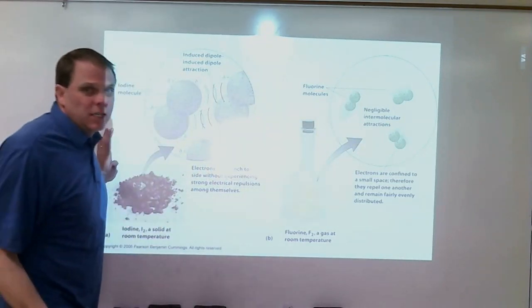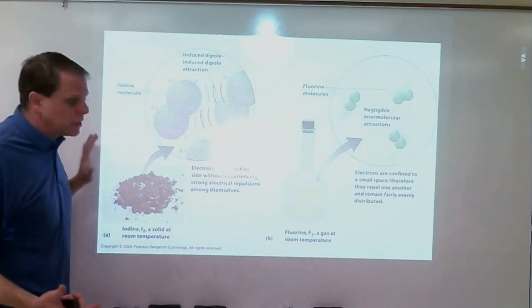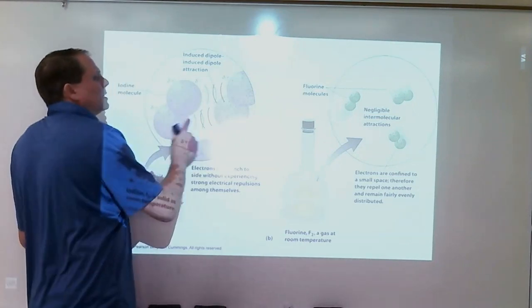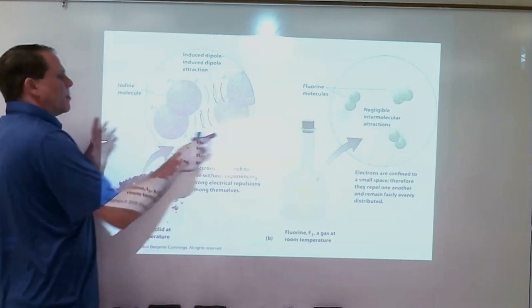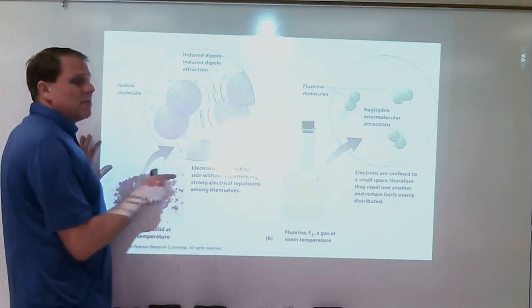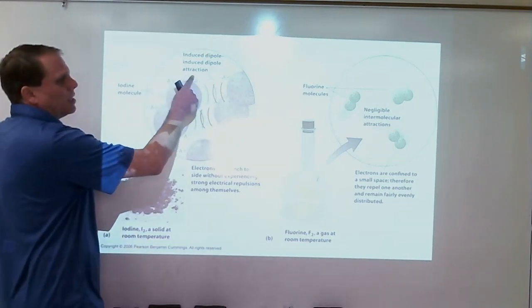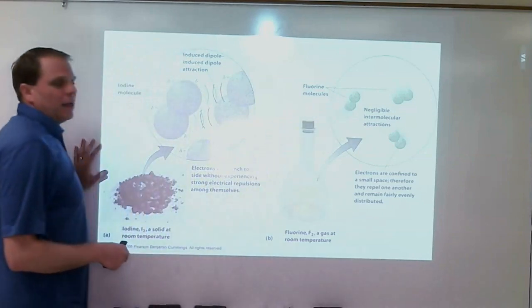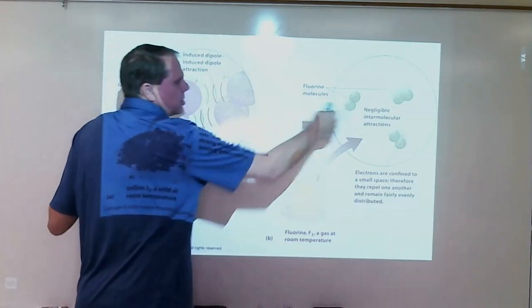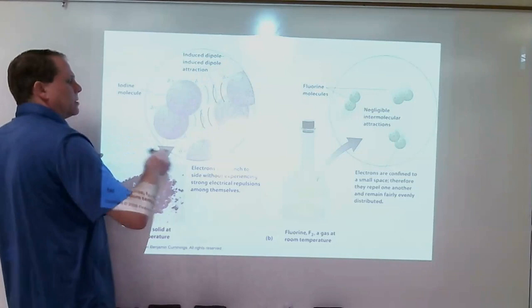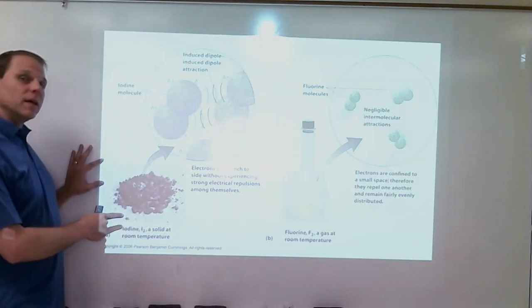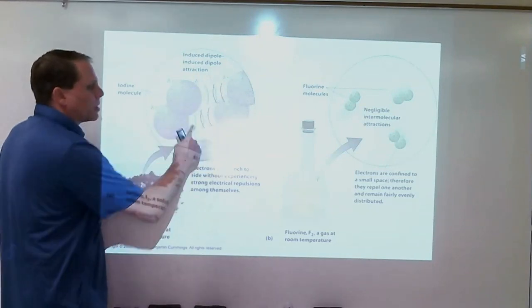Both of them are going to have London dispersion forces, induced dipole, induced dipole. But because this one has 53 electrons that might get thrown around, it's going to have a much bigger negative charge than fluorine will be having. And so this is a negligible intermolecular attraction, whereas this is significant. So this gets to be a solid because they're attracted to each other more.